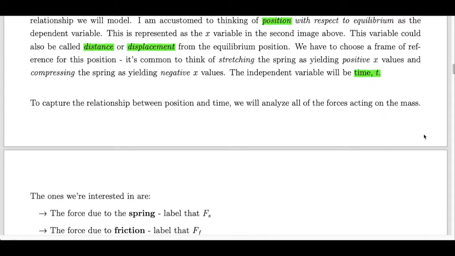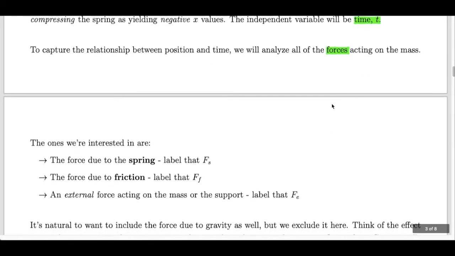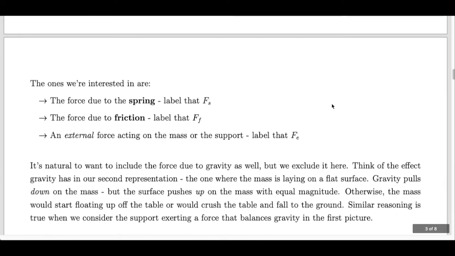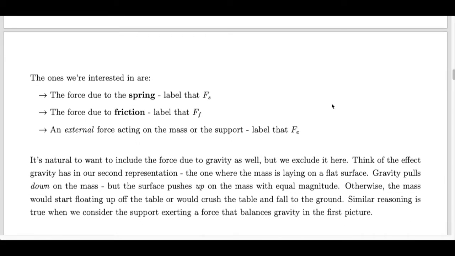So how do we mathify the relationship between position and time? The key to capturing the structure in this example is to analyze the forces that are acting on our mass. In particular, there's 3 forces that we want to focus on. I've labeled them here. First, we want to think about the force due to the spring itself. We're going to call that force F sub S. Next, we want to think about the force due to friction.